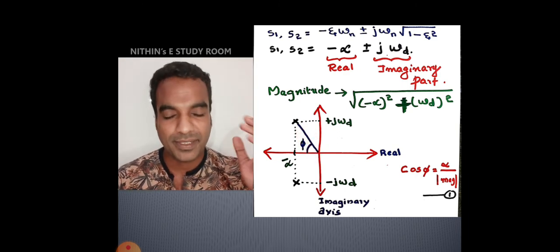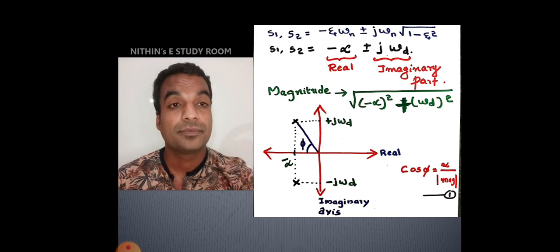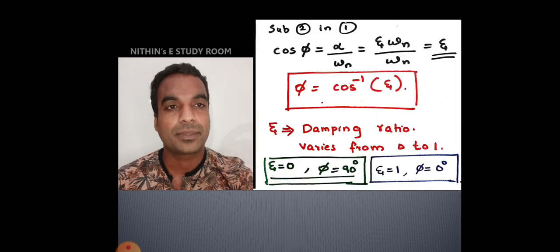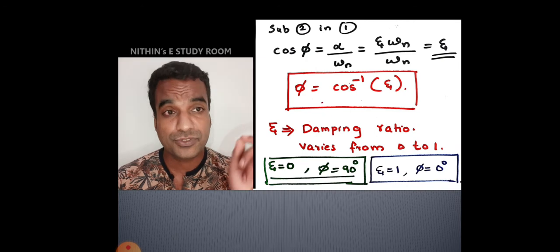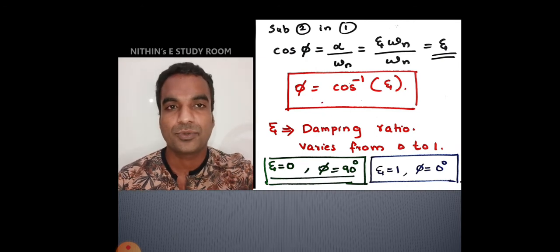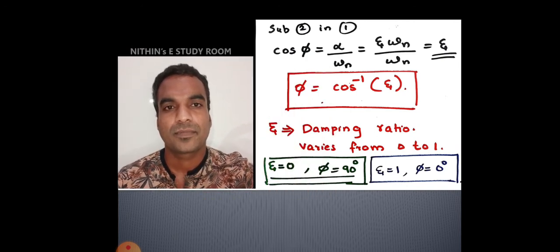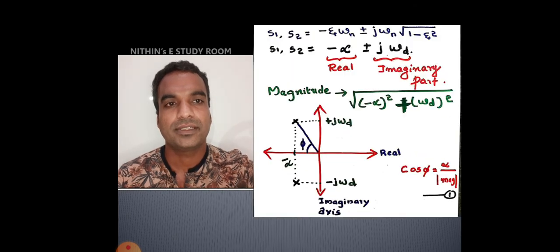Sorry, I made some confusion. Please remember this figure. Eta is equal to 0 means phi is equal to 90.